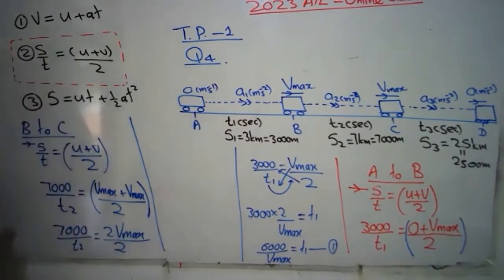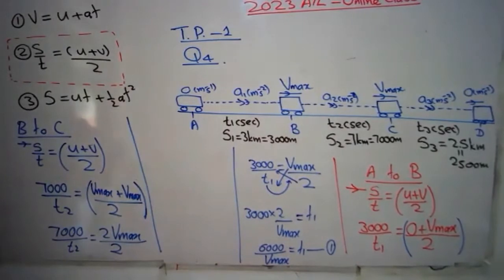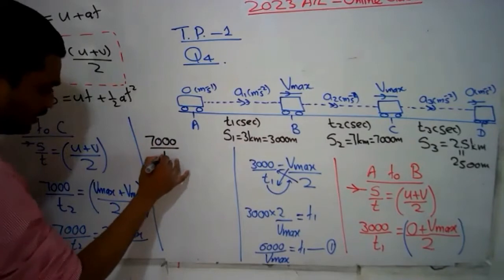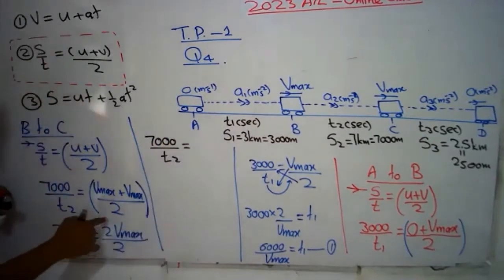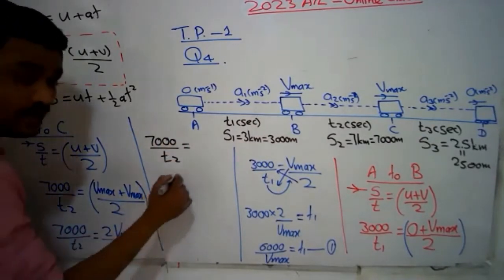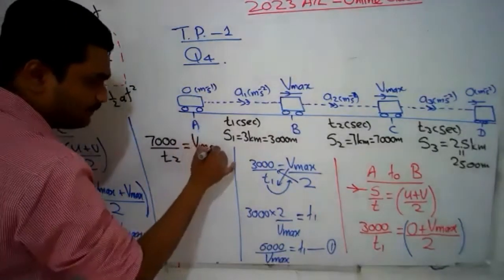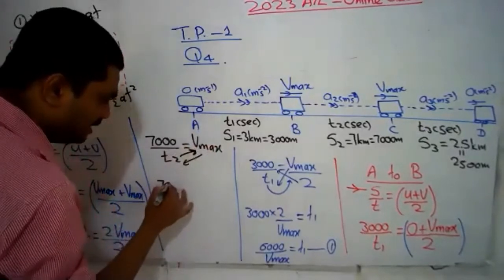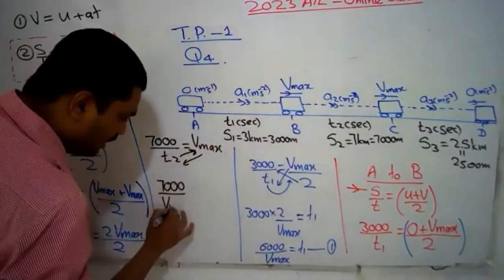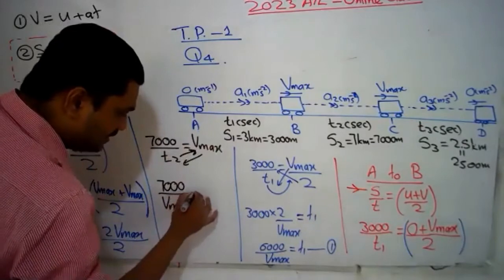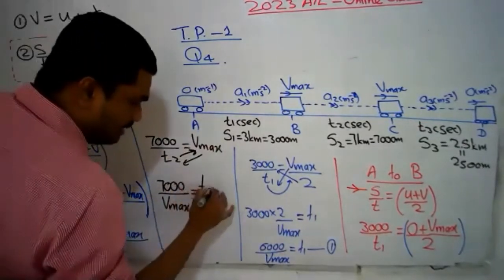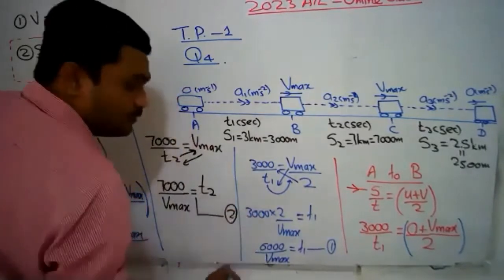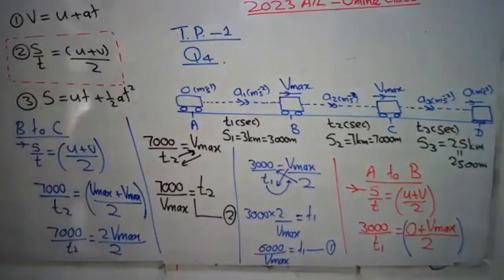This 2 and this 2 cancel out. We have only Vmax. So after that, I'll apply cross multiplication, and you will get 7000 over Vmax equals T2. So let's say this is the second equation. We have obtained expressions for both T1 and T2.